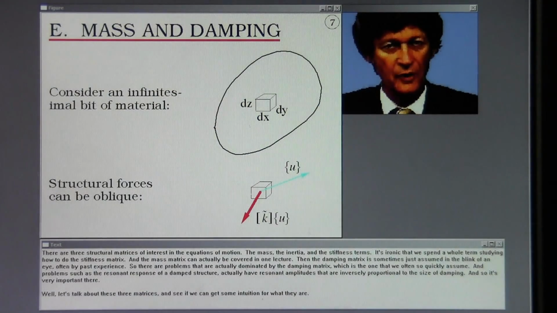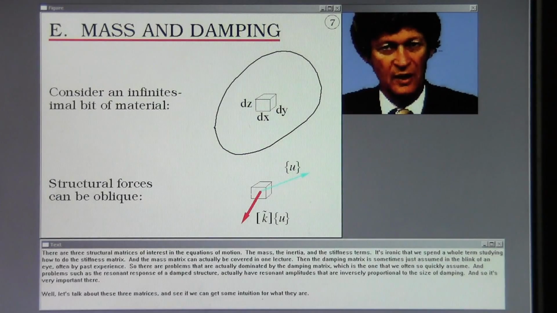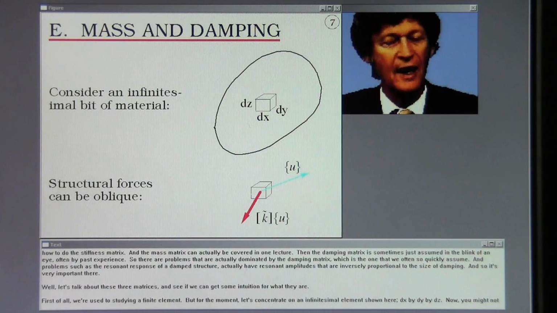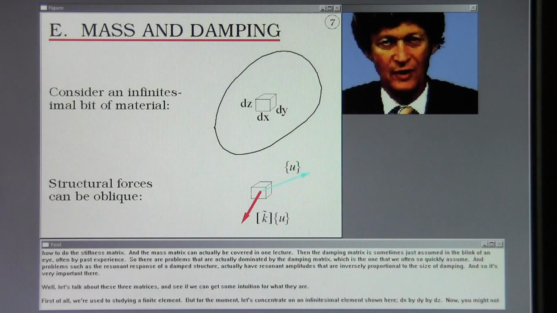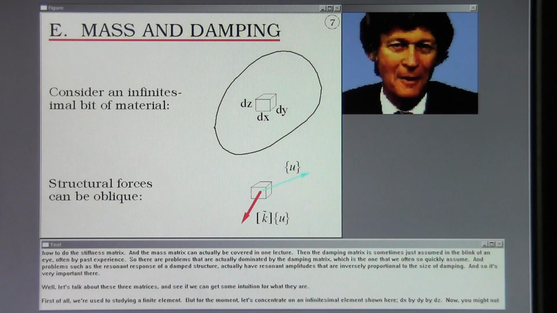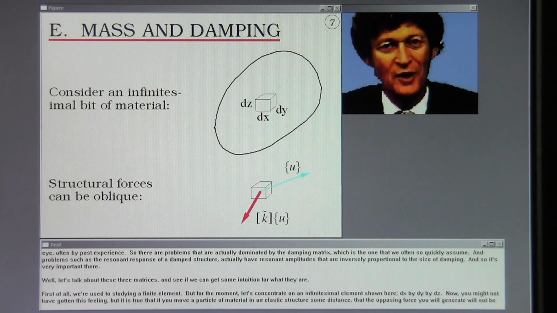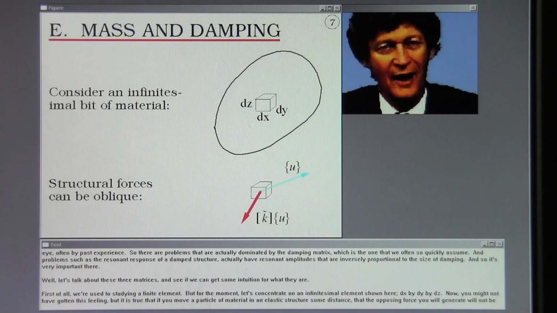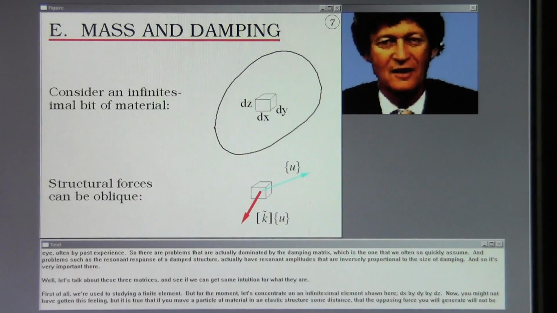There are three structural matrices of interest in the equations of motion: the mass, the inertia, and the stiffness terms. It's ironic that we spend a whole term studying how to do the stiffness matrix, and the mass matrix can actually be covered in one lecture. And then the damping matrix is sometimes just assumed in the blink of an eye, often by past experience.